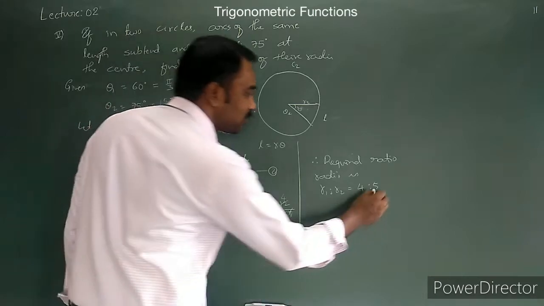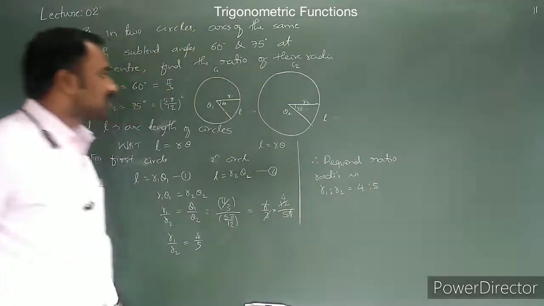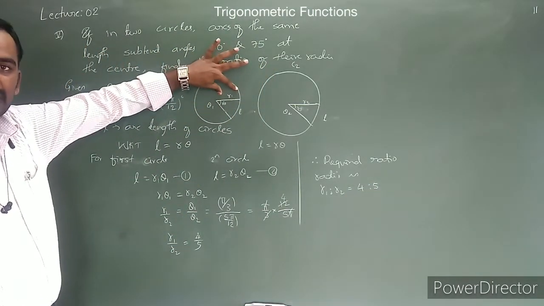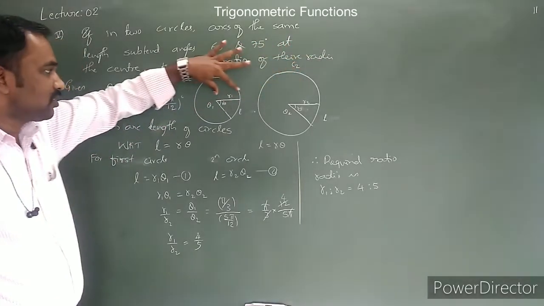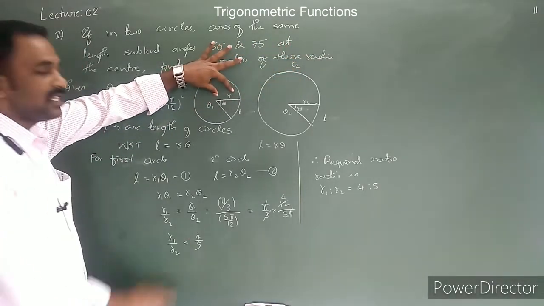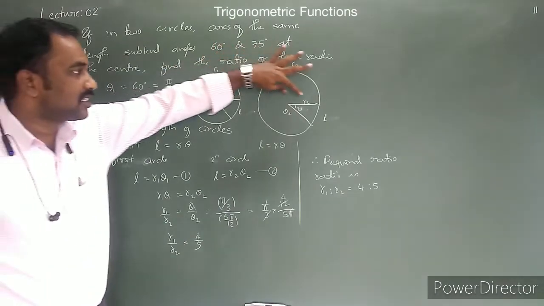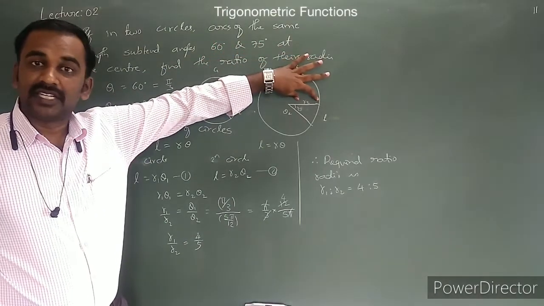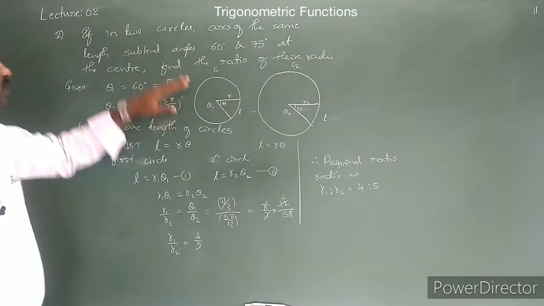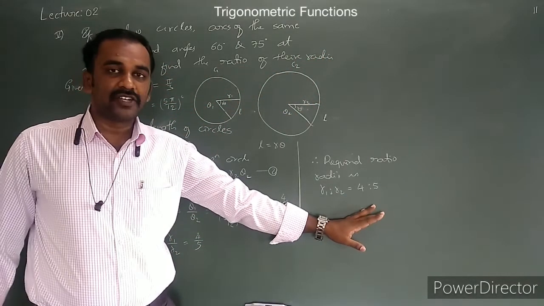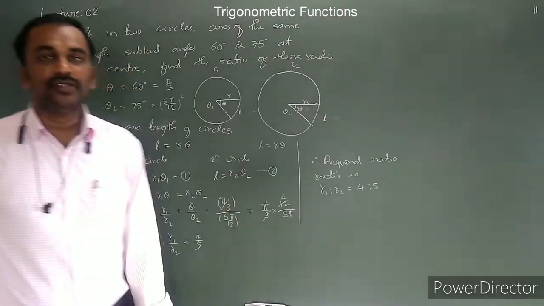What is the meaning of this? Suppose the first circle has 4 cm as the radius, the second circle will be 5 cm. Suppose the first circle has 40 cm as the radius, then the second circle will have 50 cm of radius. So this is the meaning of the question, and the required ratio of the radii is 4 is to 5.